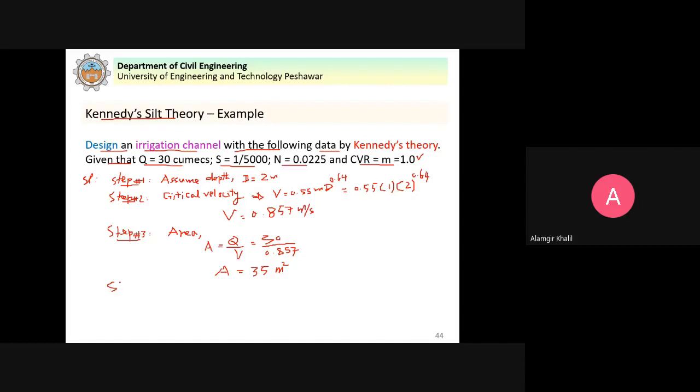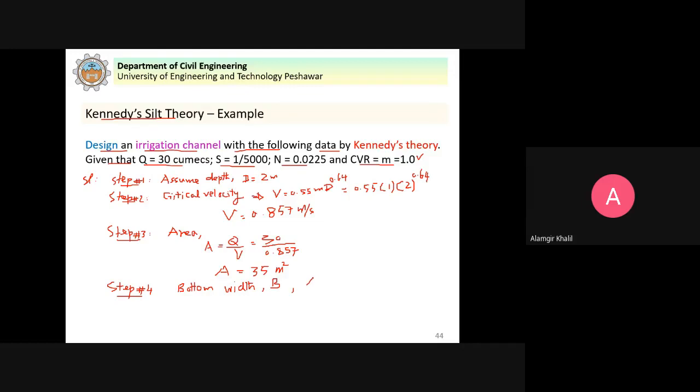Now we have the area, we have the depth. So we can estimate the bottom width of the channel section, that is step number 4. That is B, but because it is a trapezoidal channel, we have to assume the side slopes.